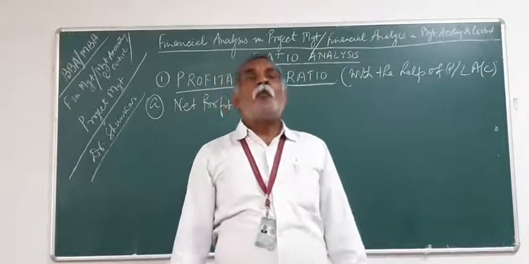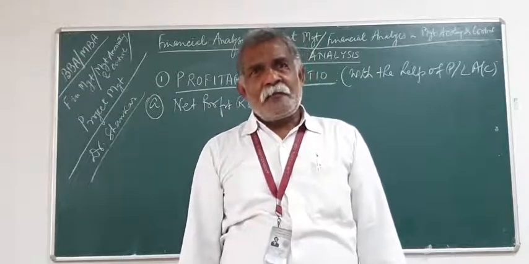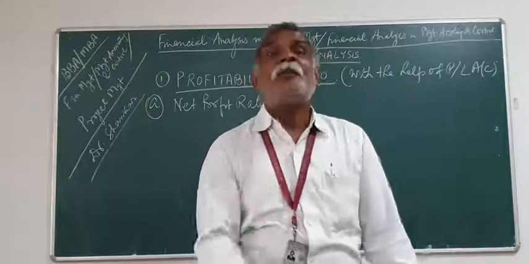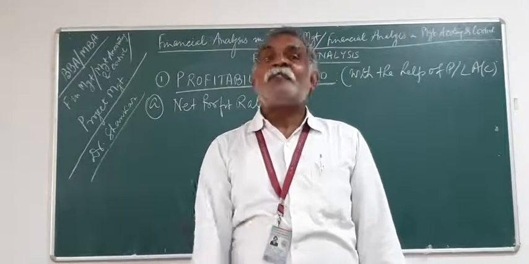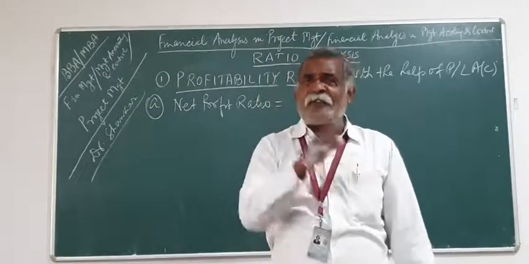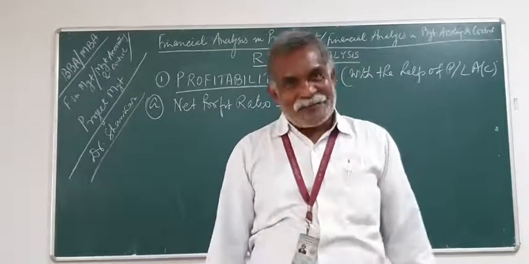So why do we want to know the profitability of the business? Very easy. Because we want to know the proportion of the profit with respect to sales. In profitability, whatever ratios you want to calculate, each and every ratio has a relation with sales. Simple.